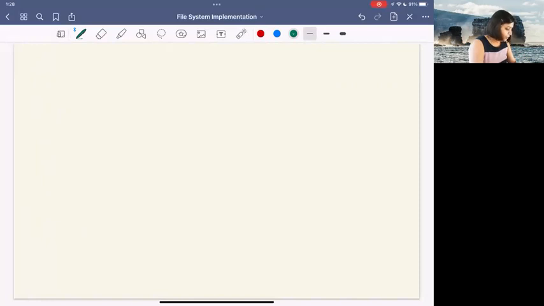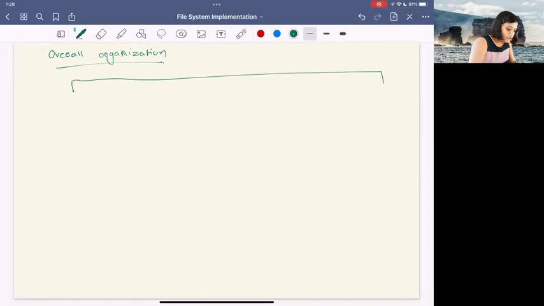So as an overall organization, we can visualize the storage disk as just multiple blocks, right? All of same size.